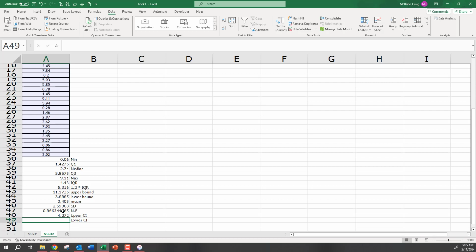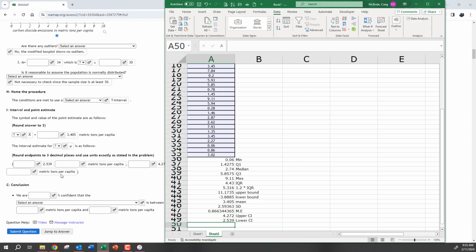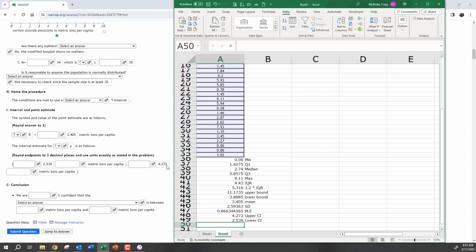The lower bound is our point estimate of the mean minus our margin of error. And there are our two bounds. Our confidence interval goes from 2.539 up to 4.272, and you can see that's exactly what they want. Okay, so that's how we would compute it in Excel.